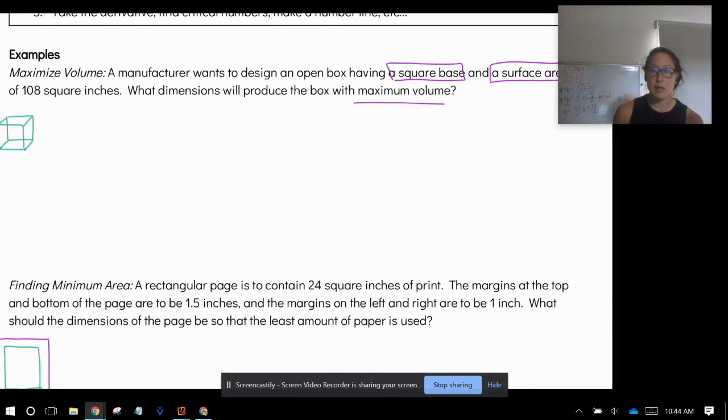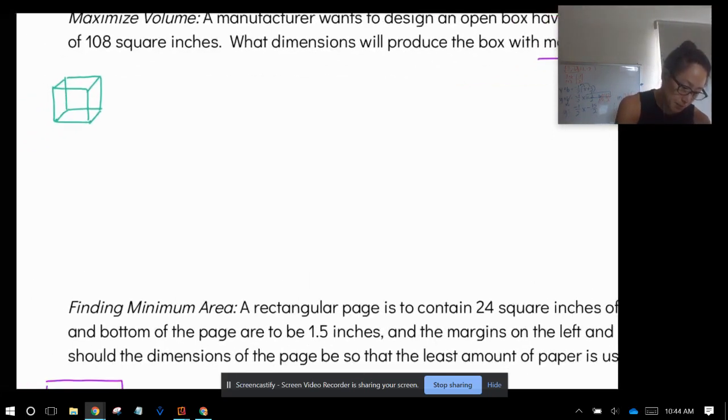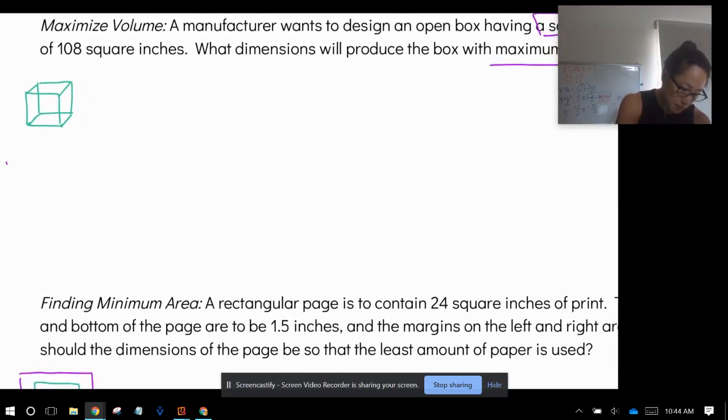So we want to maximize volume, and our primary equation is going to have something to do with volume, the max volume when the surface area is equal to 108 square inches.